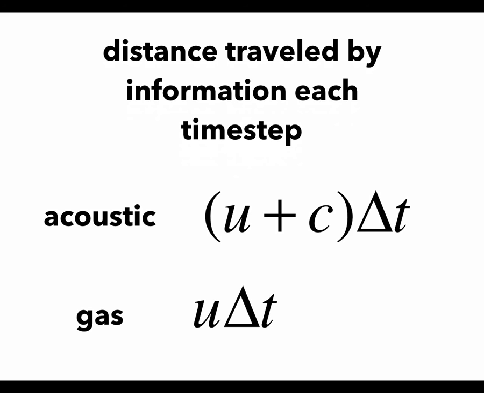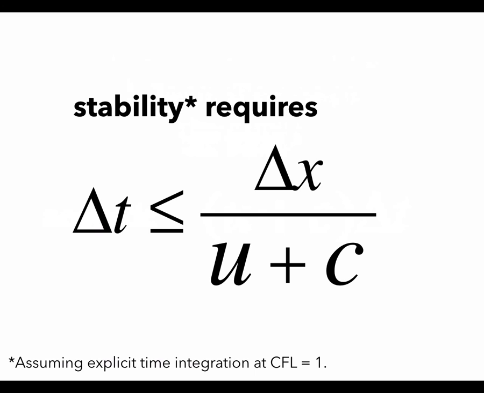Now stability is going to require that you do not move by more. The fastest information in your grid does not move by more than one grid point at a time. So in other words, your stability is going to require that delta t is less than delta x over (u plus c). Okay? Because u plus c is the fastest information, absolute value, on your grid. That's your time stability constraint.